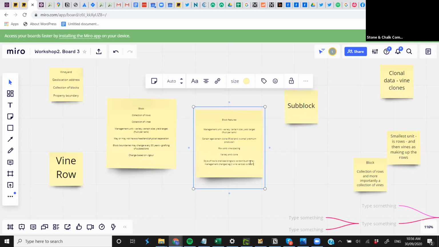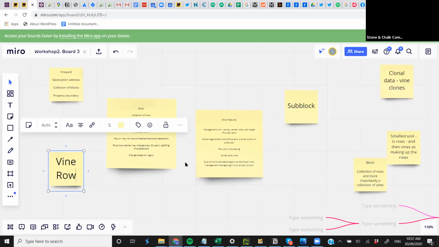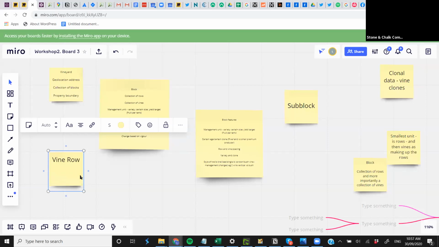Okay, great. So what about at the vine or row level? Well, you want to know bearing vines, or metres of cordon bearing, or how many misses are in a row. Vine spacing, again.